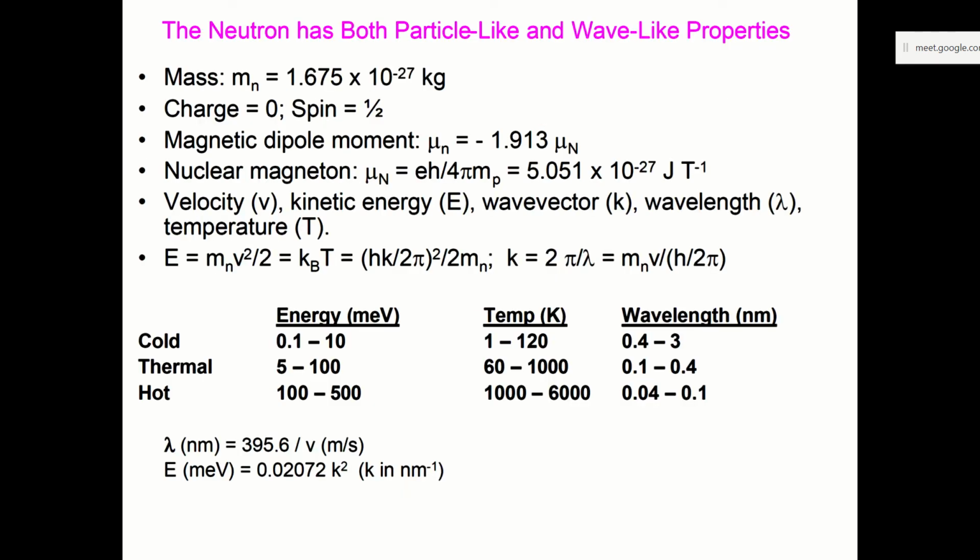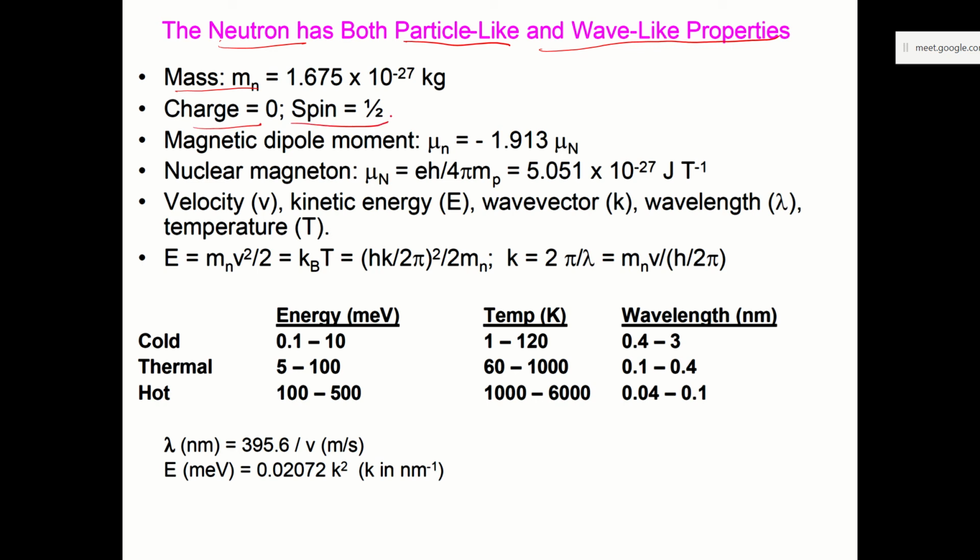Now we talk about the neutrons. Neutrons again have dual, particle-like and wave-like behavior. So de Broglie's equation you can apply and you can get the wavelength. What are the properties of the neutron? Basically, a neutron has a certain mass, which is almost around 2000 times more massive as compared to an electron.